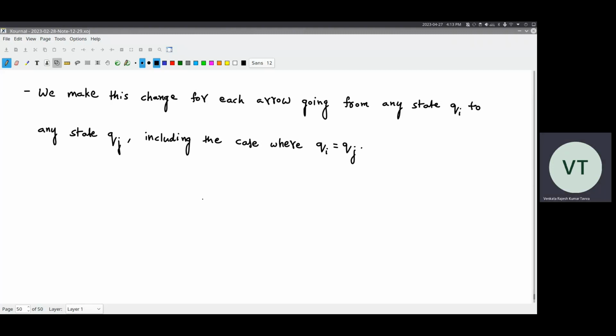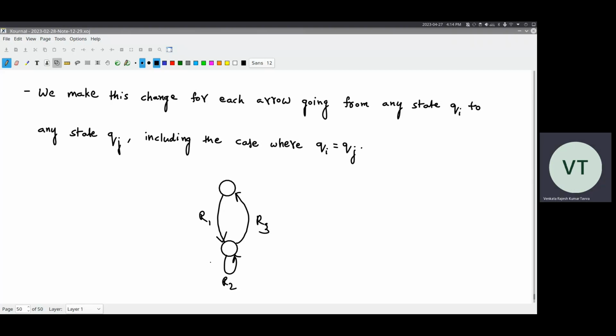So what do we mean by that? It's not necessary that you should always have three states. Sometimes you can also have a case like, okay, there are two states and there is an arrow like this, and there is a self loop like this, and again there is an arrow like this. You can think of these as R1, R2, and R3.